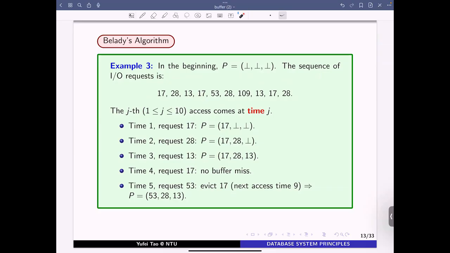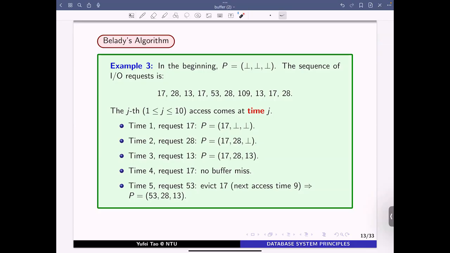If the algorithm is good, we should be able to have some buffer hits, so that we don't have to incur 10 buffer misses. 10 buffer misses is the worst you can do, so we hope to minimize the number of buffer misses.